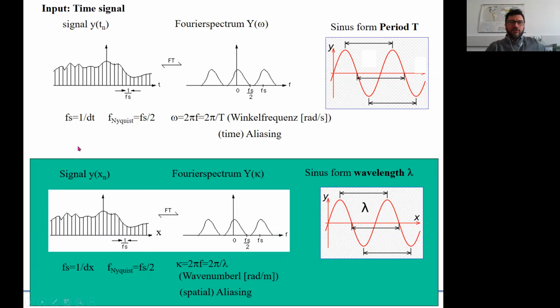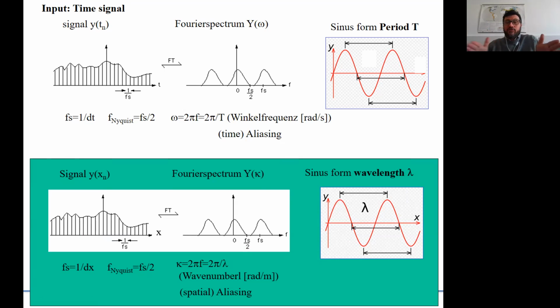Effectively, if you substitute dt, which is your sampling in time, with dx, which is the sampling in space, because you have one instrument every meter, then you can also have a Nyquist frequency in the space domain.